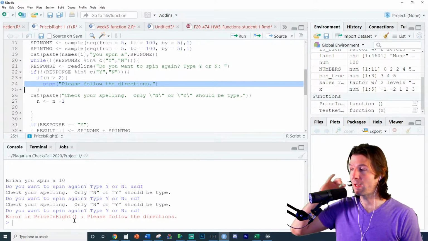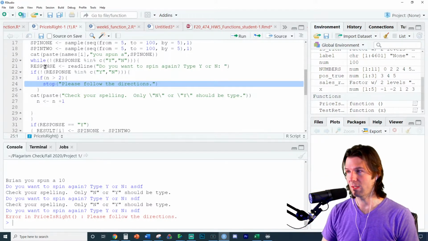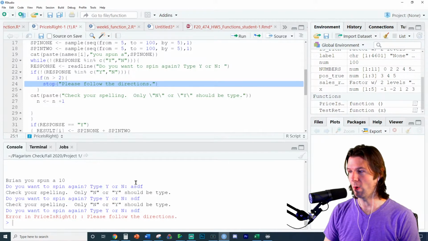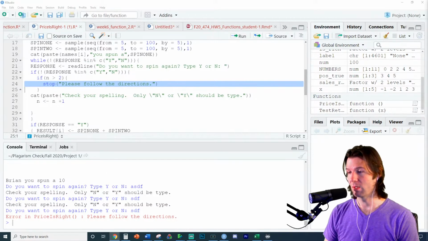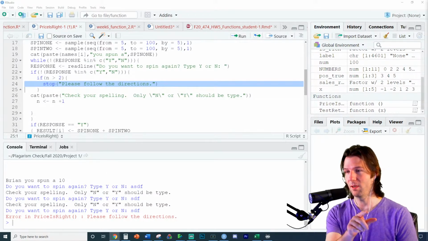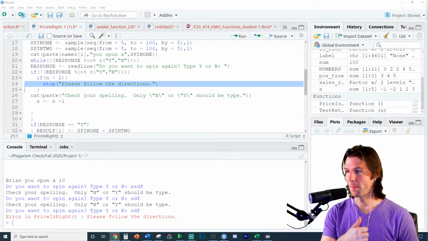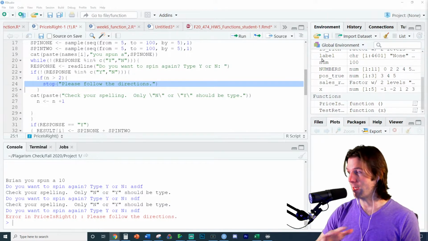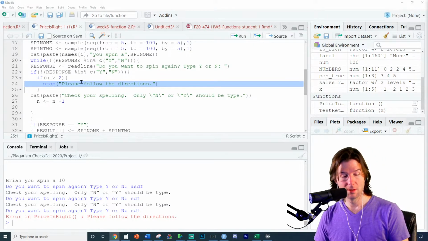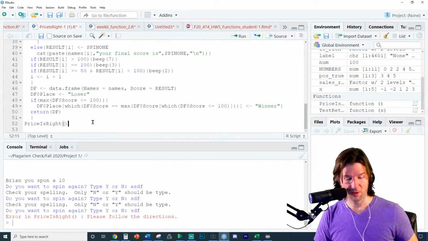It goes into a loop where, if your response is not contained in Y or N after 2 additional attempts, it will eventually break the function and stop, and we get this error. So it's important to know what stops are. Stops create this error.